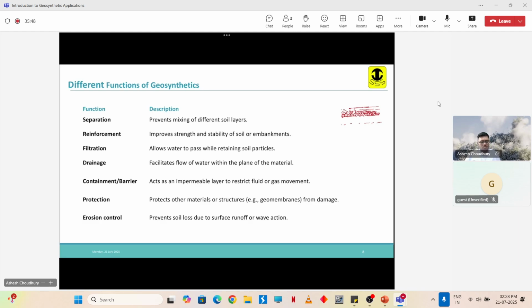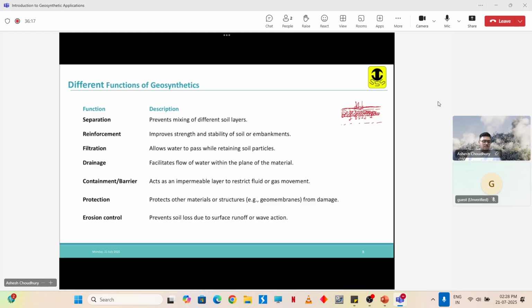Now, what does this separation do? Generally, if you apply some load, these aggregates will try to go inside this soft soil subgrade, and the intermixing of the layers will happen. Due to this, you will have an undulated surface over the top, and all those issues will happen, right?